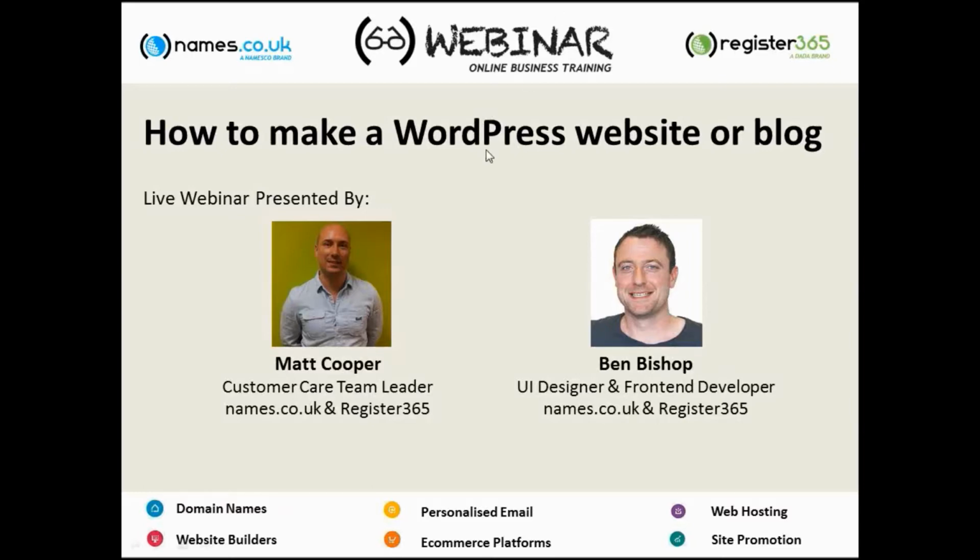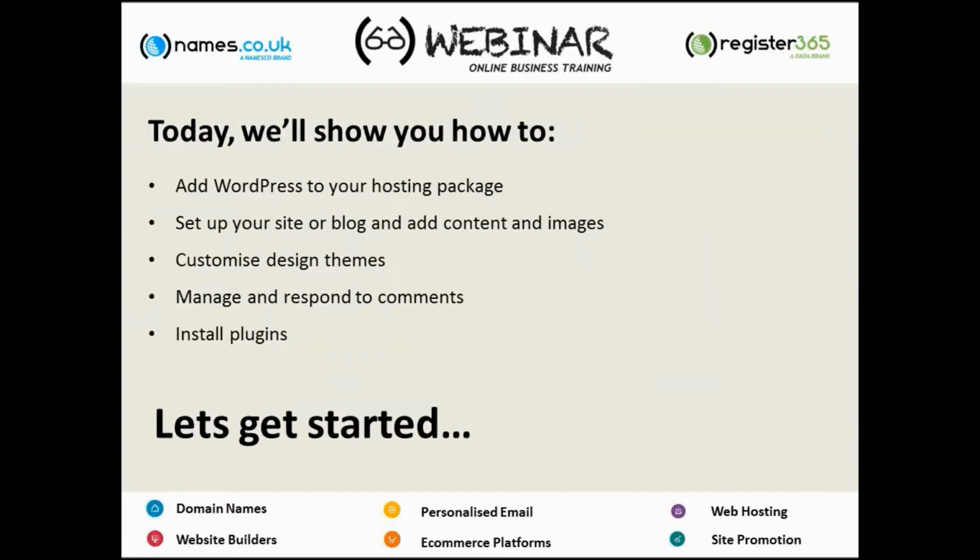So we're just going to go on to the next slide of the presentation. Today we're going to show you how to add WordPress to your hosted package, because when you buy your web hosting it's just going to be empty and blank to begin with on any Linux hosting. With Ben's help, we're going to show you how to set up a site or blog and add some content and images, and it's a really nice photography website today.